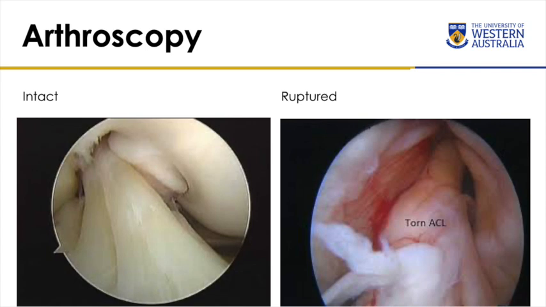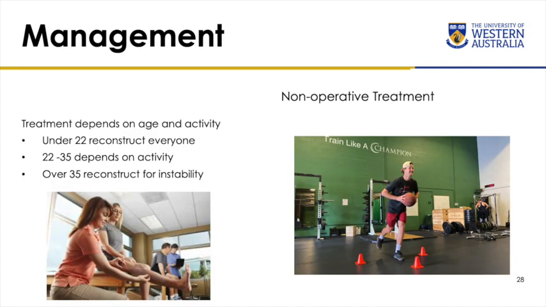Here is the arthroscopic appearance of an intact ACL versus a torn ACL. The treatment of an anterior cruciate ligament injury depends on age and activity, but as a general rule, in younger patients under 22 we tend to reconstruct nearly all comers.